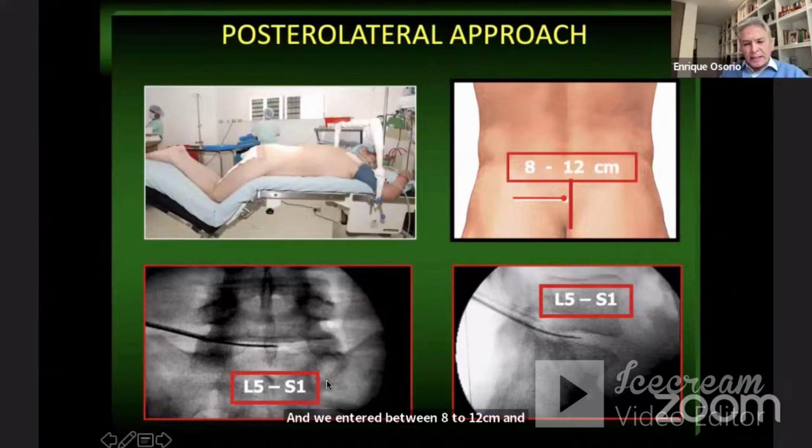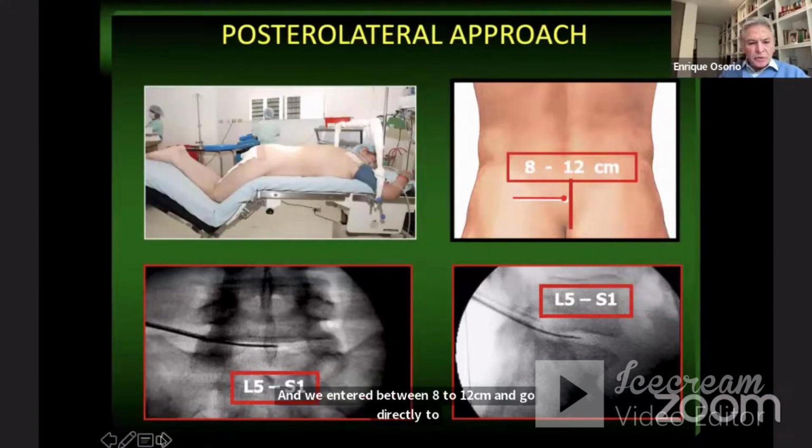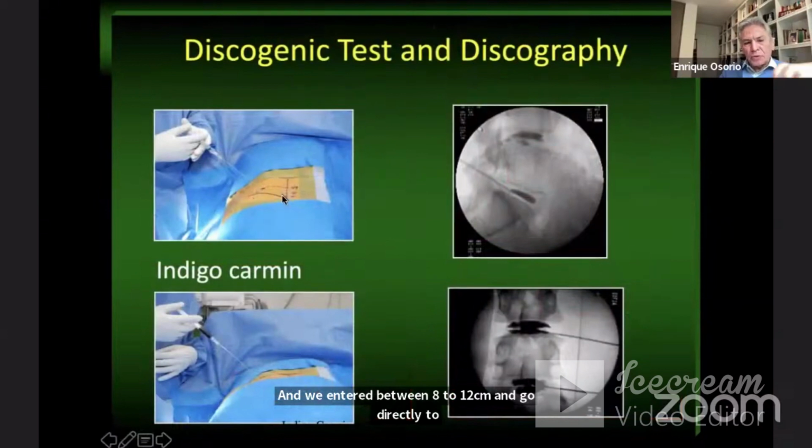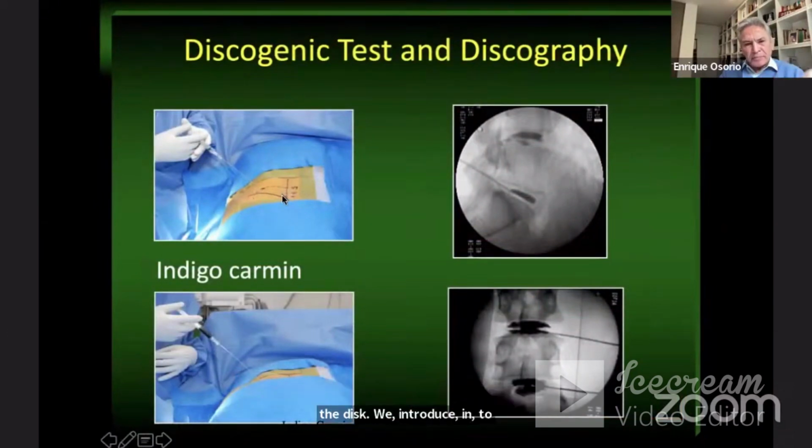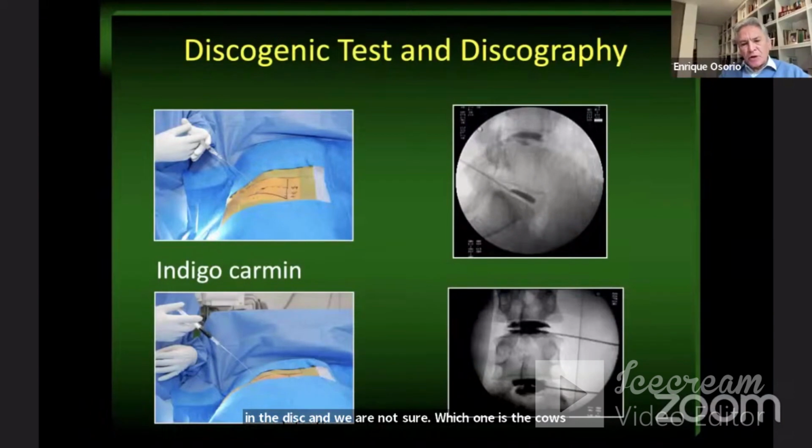to the disc. We introduce indigo carmine to differentiate the disc from the other structures very well, to help in the surgery. When the patient has some other problem in the disc, and we are not sure which one is the cause of the pain, we perform a discography and discogenic test.